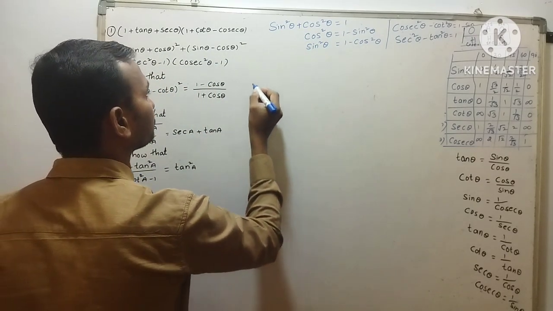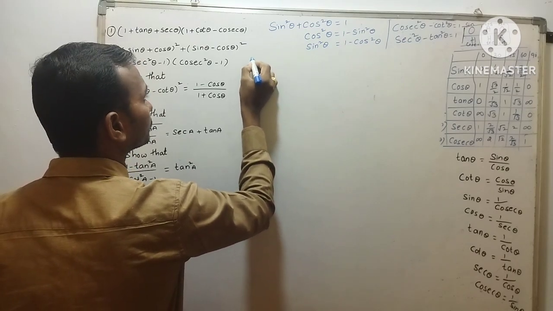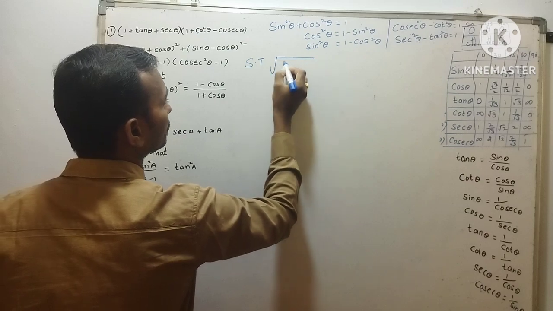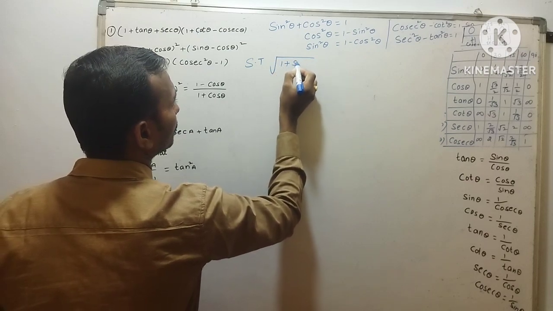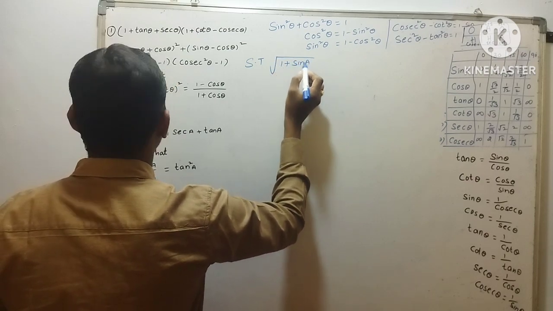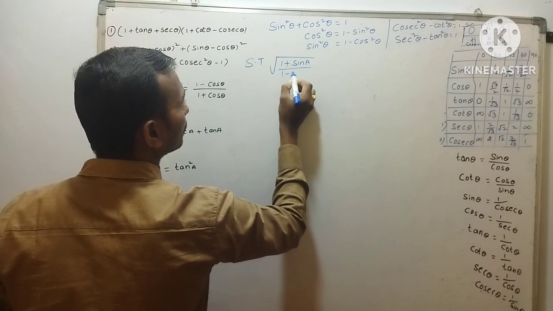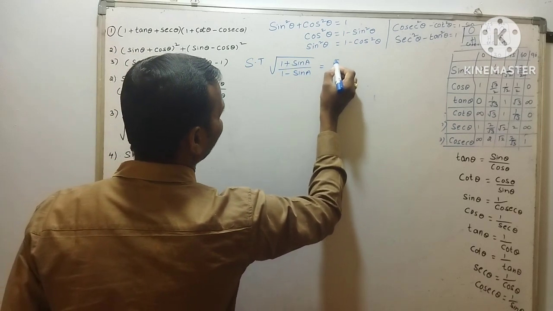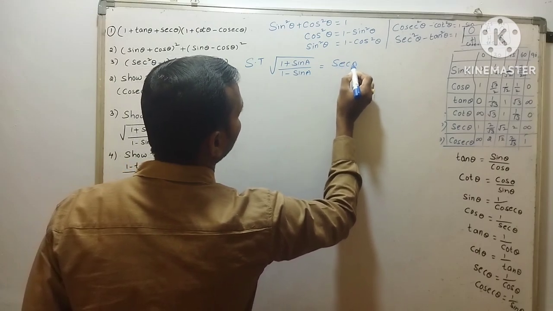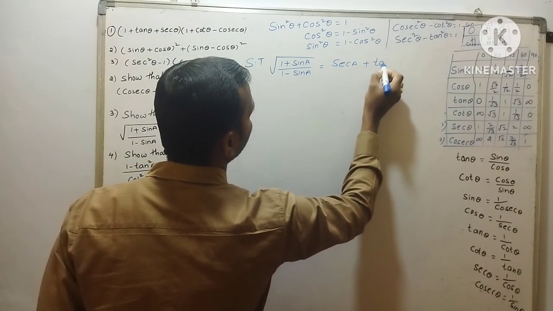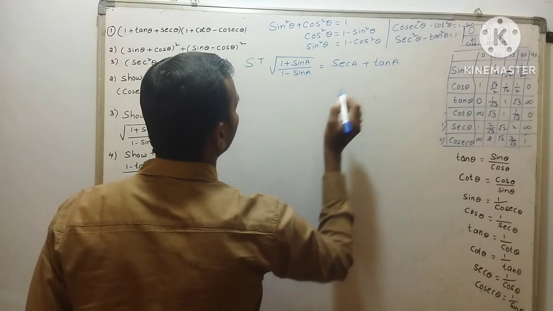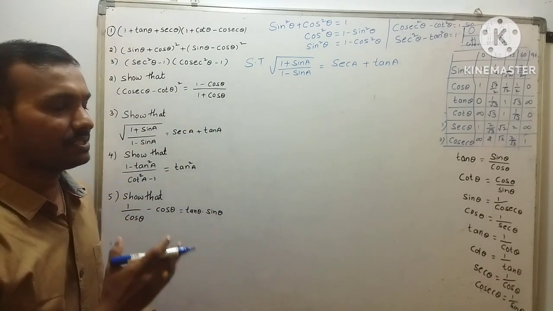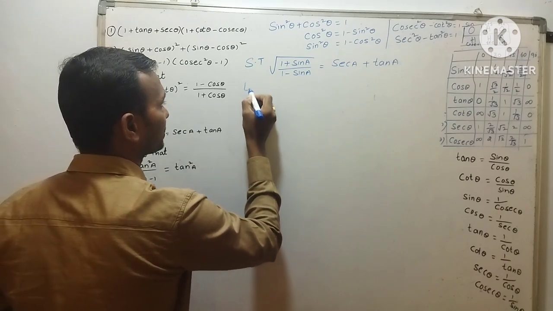So this is show that secant A plus tan A. To prove that, first you take the left hand side value, that is LHS.